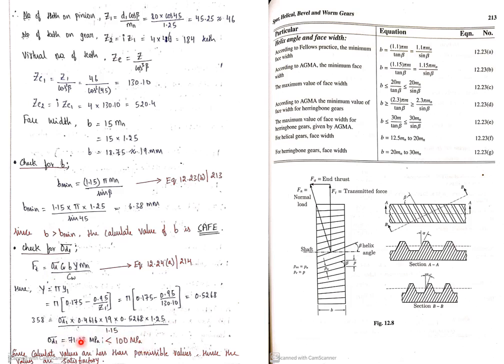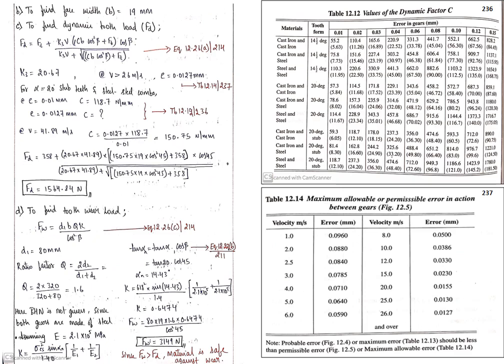I repeat, the calculated value must be less than the permissible value. If it is less, then only the values we assumed are satisfactory. If it is not less than 100 megapascal, we have to change the values we assumed. It's very simple. Now the face width we have calculated.